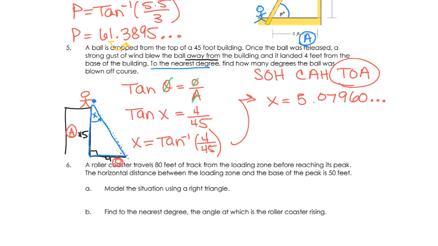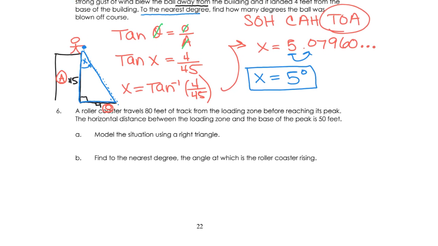The rounding directions again say nearest degree, so that's going to stay 5 degrees. So it wasn't a huge gust of wind. It only blew the ball 5 degrees off course instead of going straight down. All right, got one more question.